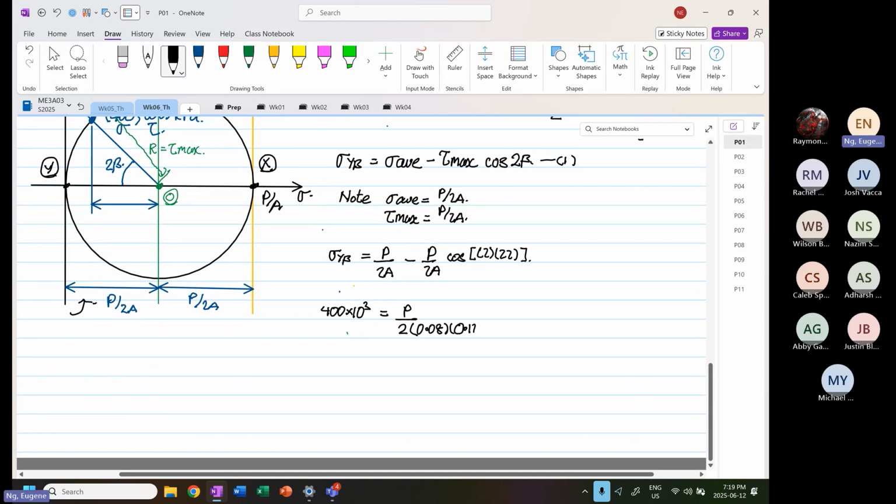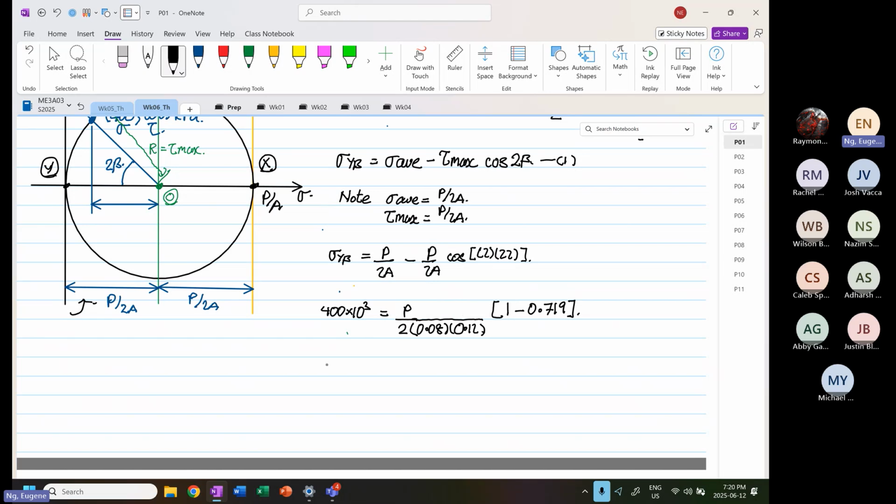Okay, so 0.08 multiplied by 0.12, right? And then I'm going to do 1 minus cos 44. Okay, make sure it's in degrees. Cos 44 is equal to 0.719. Okay, so 400 times 10 to the power 3. Let me check. P over 2A, 1 minus, okay, this guy.